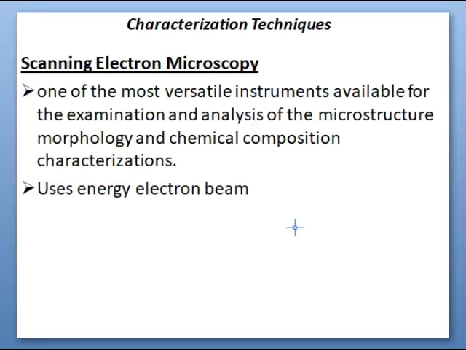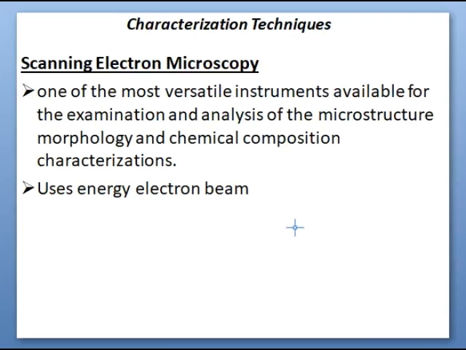Okay, next, the second kind of technique which is very important is referred to as the scanning electron microscope. This scanning electron microscope generates a particular image which is generated by the movement of electrons or the detection of electrons. This is not an actual image which can be seen by our naked eyes.